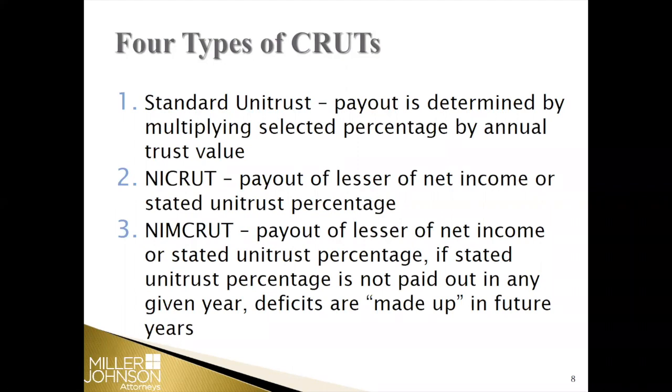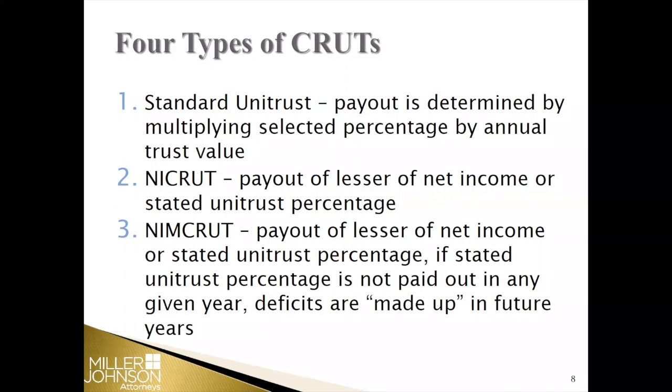So they put in a rule stating that at the inception of this trust, you have to take a snapshot and look at the present value of the remainder interest. It has to be at least 10% when you do that initial calculation. So they want 10% of the initial value to pass to charity in the end when it terminates.